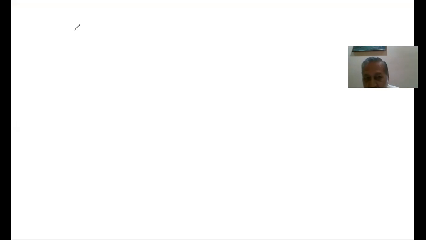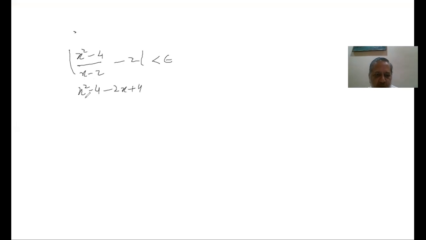We were working with x squared minus 4 upon x minus 2 minus 2, mod less than epsilon. So that becomes x squared minus 4 minus 2x plus 4 divided by x minus 2, mod less than epsilon.